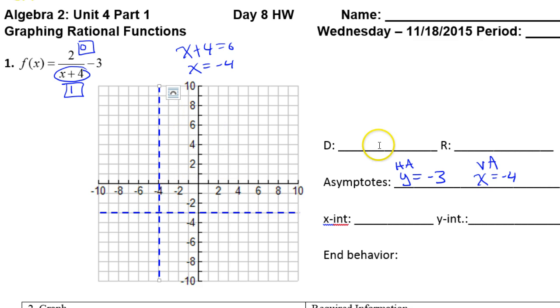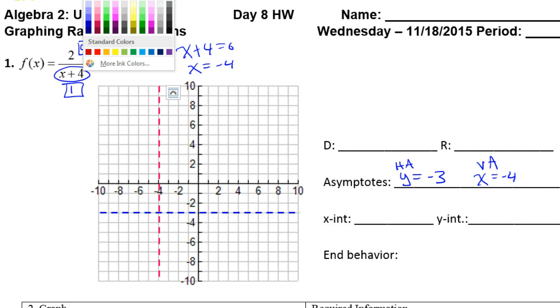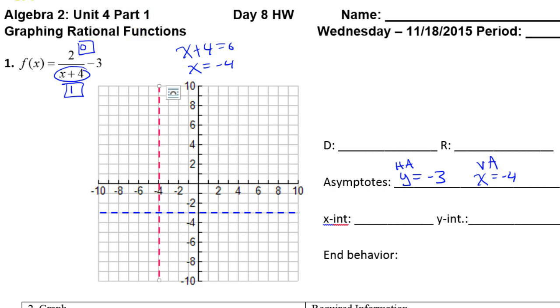Okay, notice, you should be able to tell me what the domain is right now, just based on the vertical asymptote. Based on the vertical asymptote alone, the domain is going to be -infinity to the vertical asymptote, and then vertical asymptote to positive infinity, because the domain goes left to right.